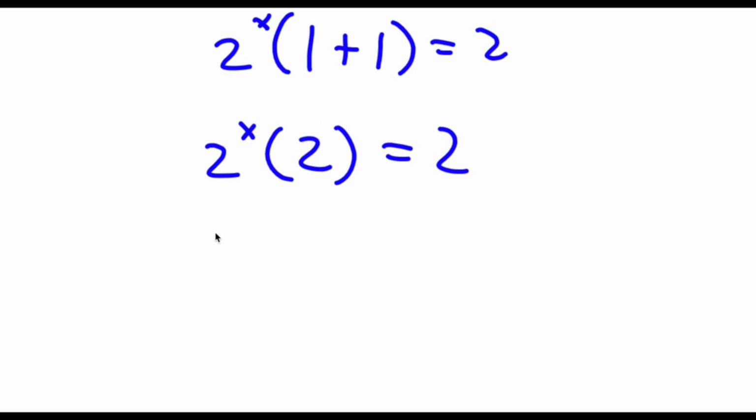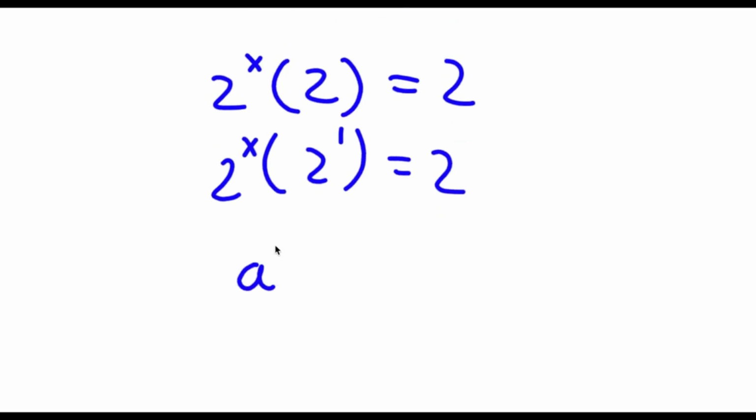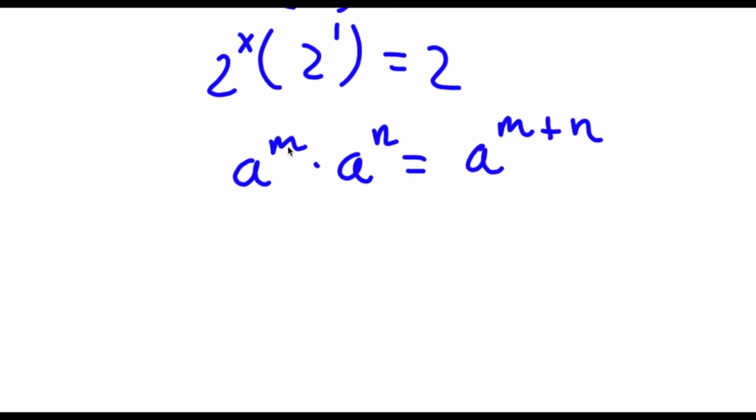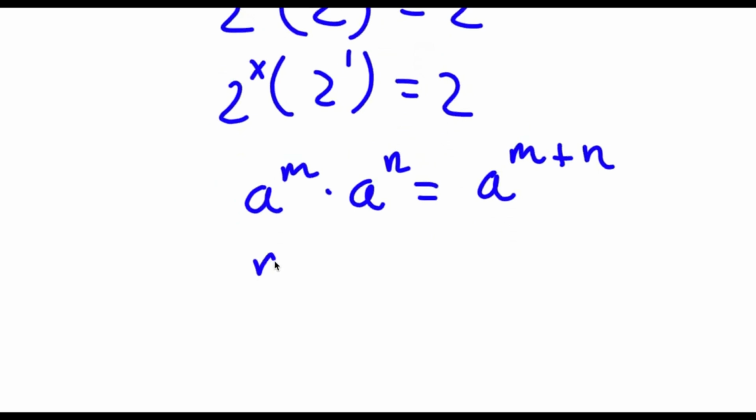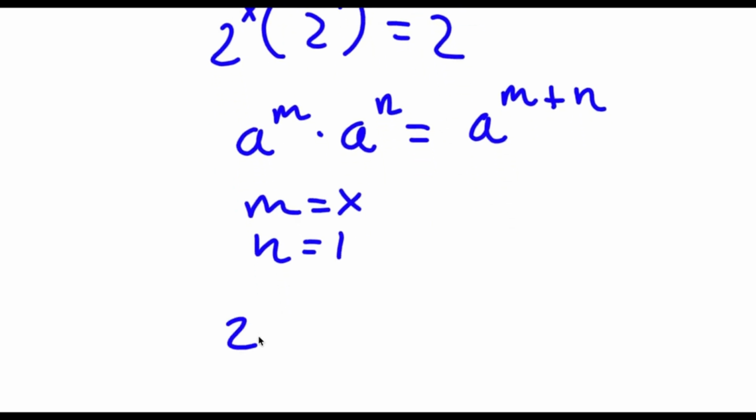So 2 here, this is the same thing as 2 to the power of 1. And if I have something in the form a to the power of m times a to the power of n, this is the same thing as a to the power of m plus n. So in this case, m is equal to x and n is equal to 1. So this is going to equal 2 to the power of x plus 1 is equal to 2.